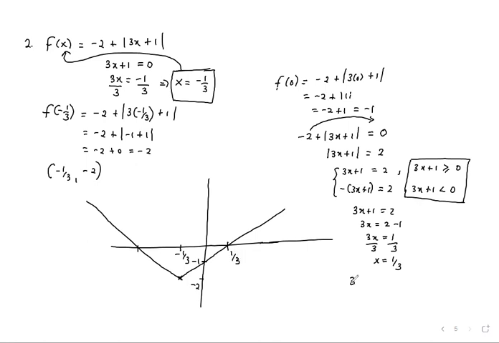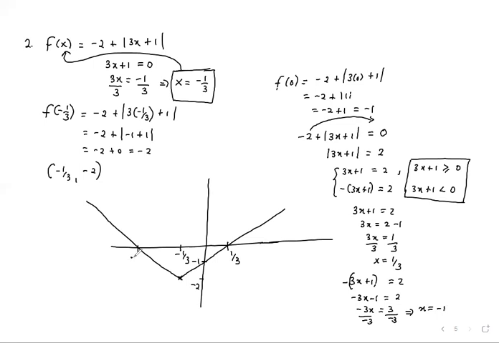And then negative 3x plus 1 is equal to 2. That is negative 3x minus 1 is equal to 2. So negative 3x is equal to 2 plus 1. That will be 3. Divide by negative 3. This means that x is equal to negative 1.